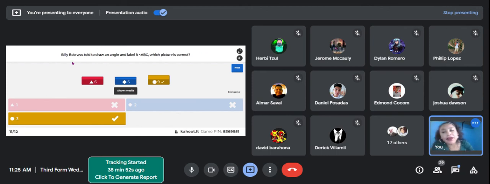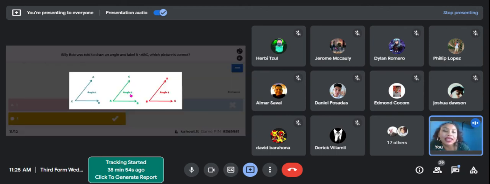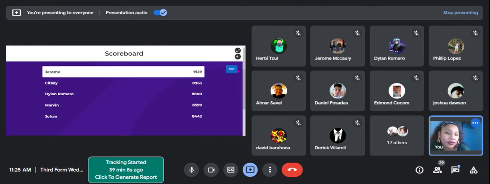It says Billy Bob was told to draw an angle and label it ABC. Which picture is correct? The only picture that was correct was angle 3. A, B at the corner, and C. This is how an angle is labeled and drawn.